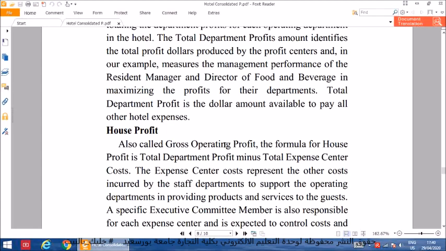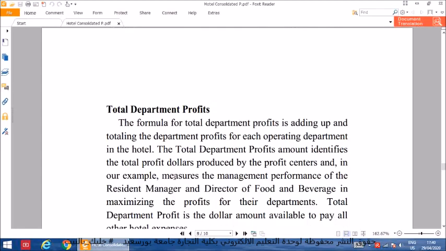Total department profit is the dollar amount available to pay all other hotel expenses. When we add up and total department profits for each operating department in the hotel, we calculate total department profits.